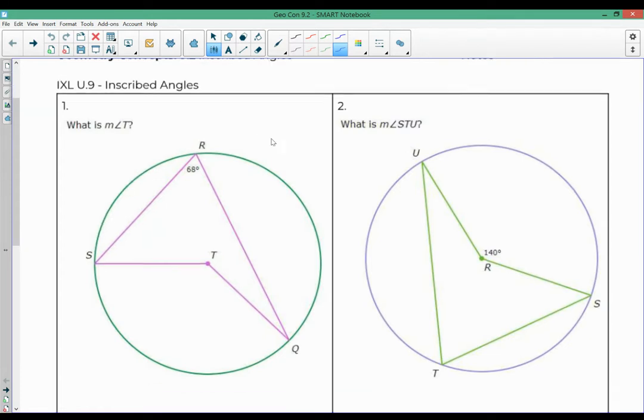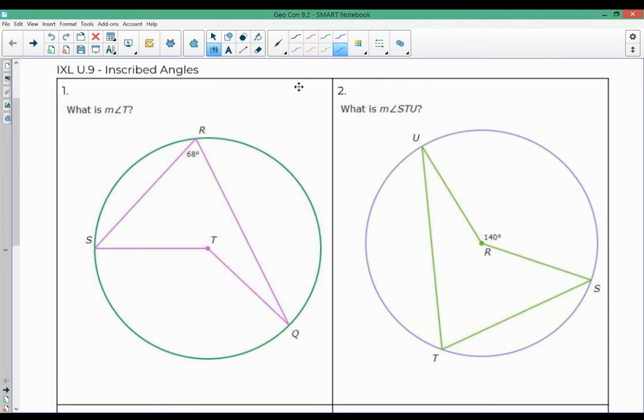So here we go. This question, we want to find the measure of angle T. Angle T intercepts arc SQ. So those are going to have the same angle relationships. But here, this inscribed angle is 68 degrees.